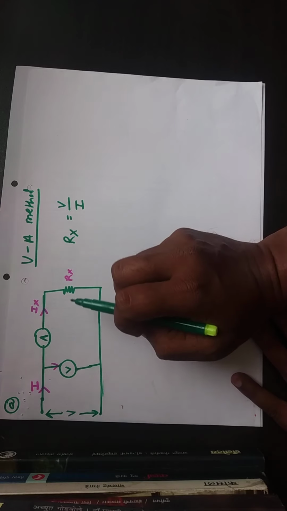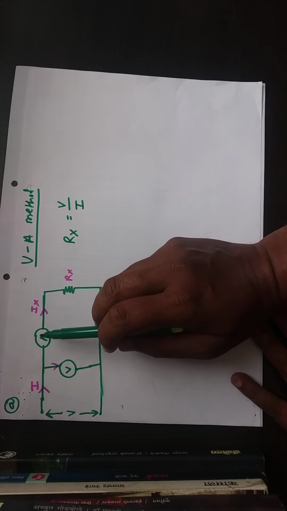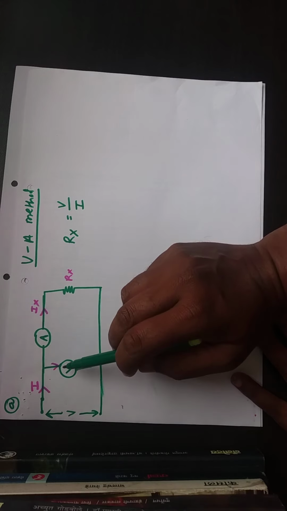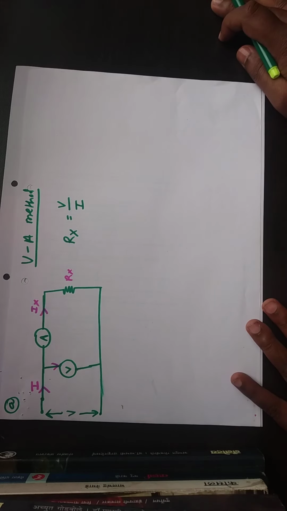The ammeter also has some resistance, which adds to Rx, so the voltmeter cannot measure the true voltage across Rx, and we will find this out mathematically.